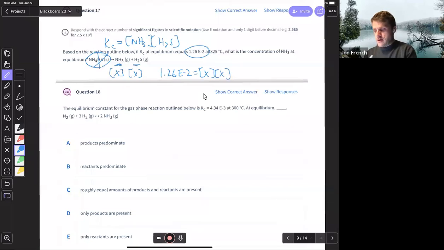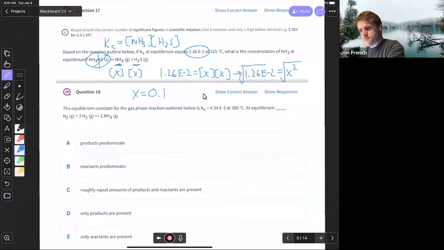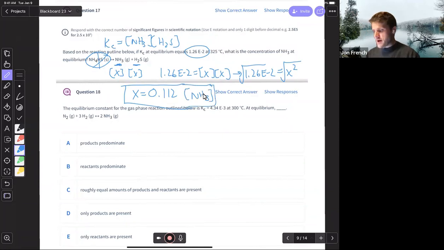So 1.26 e to the negative 2 equals x squared. Take the square root of both sides, and x equals 0.112? Don't have it right in front of me. Yeah, 0.112. Right, and that's going to be our concentration of ammonia in this reaction.